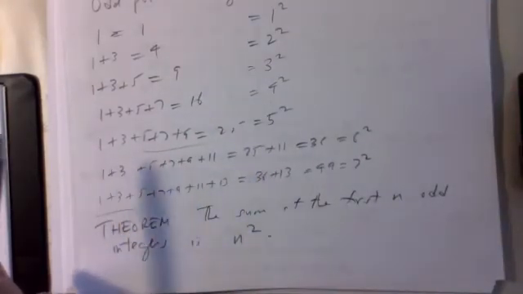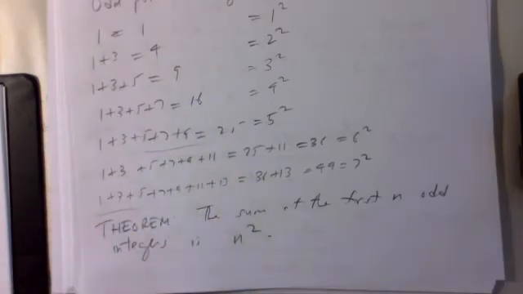And we can see this is true for 1, 2, 3, 4, 5, 6, 7, certainly going from 1 to 7. So let me see if I can prove this theorem using mathematical induction.